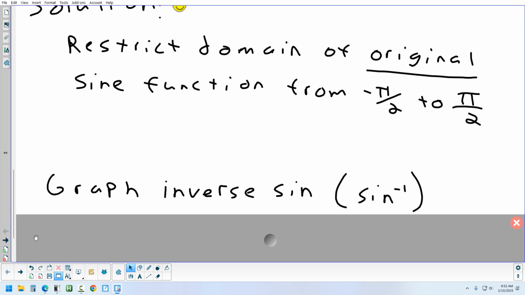Anybody remember the other way? Begins with an A. Yeah, is it arc sine? Yep, arc sine. So you could write it that way. In this section I'm mostly going to use the negative one.